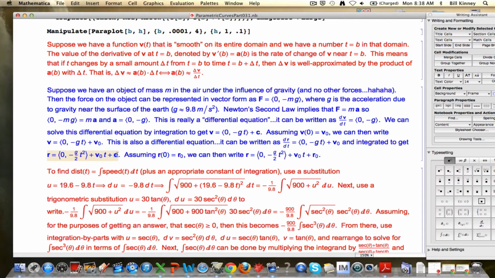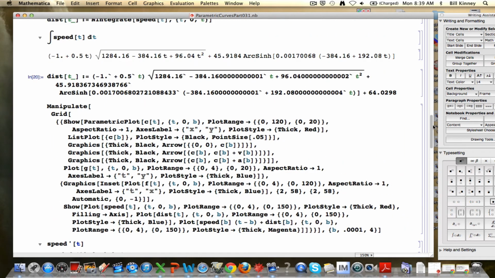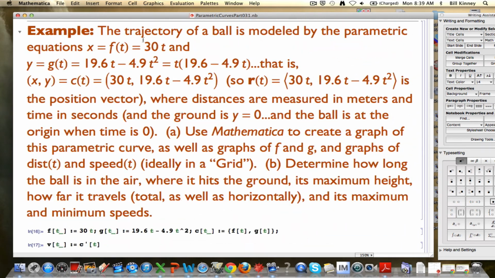We again have a constant of integration. If we assume that the initial position is a position vector, call it r sub 0, that turns out to equal the constant of integration, and we can rewrite our final equation for the position vector in this form. What I want to quickly do now is compare this with what we have up here in the problem statement, these parametric equations.